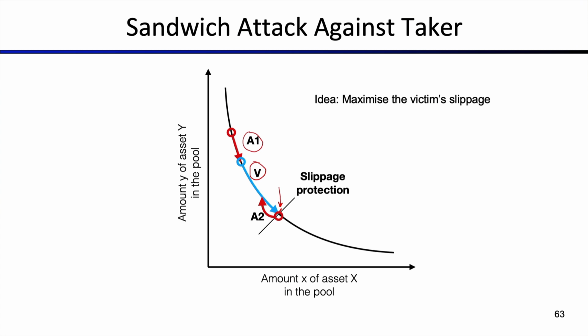We don't want the victim to fail. We want the victim to execute, but we want to push back the price to the worst possible price that the victim is willing to accept. And in the second step, the adversary can cash out by doing the reverse trade. So the idea is really to maximize the victim's slippage during execution. This is the unexpected slippage that the victim will suffer from.